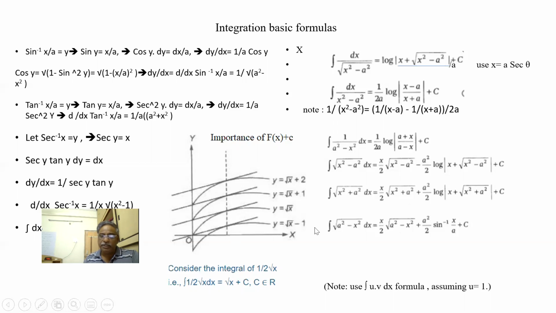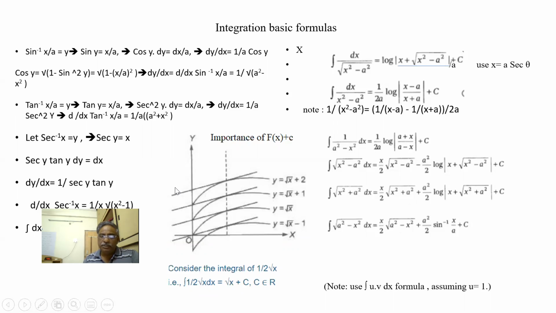This c is nothing but minus 1, 0, plus 1, plus 2. For all these c, this integration is valid. Integration of 1 by 2 root x dx is root x, which is valid. That is why we put the plus c. For any c, the slope is the same.